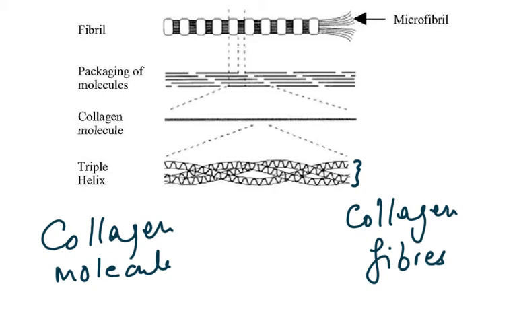And please remember, this is not the alpha helix which we study in the secondary structure of proteins. This is called a collagen molecule, and then all of these collagen molecules pack together and form microfibrils. So the difference between collagen molecule and the collagen fibers should be very clear to everybody. And their function, of course, is giving it the structural role which I talked about.